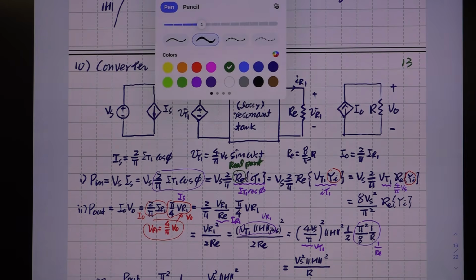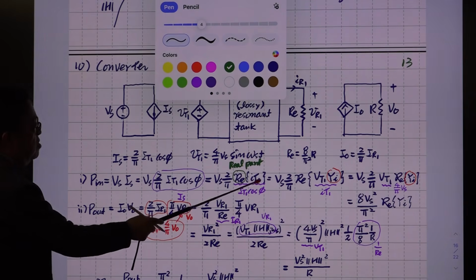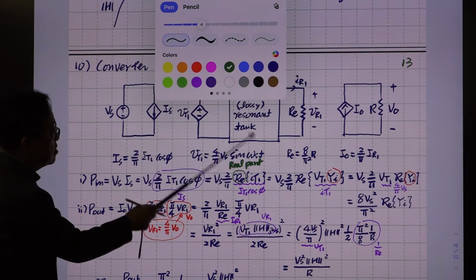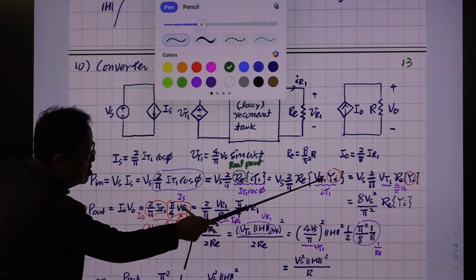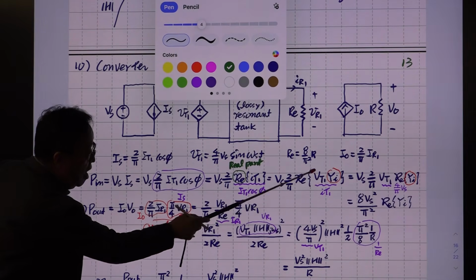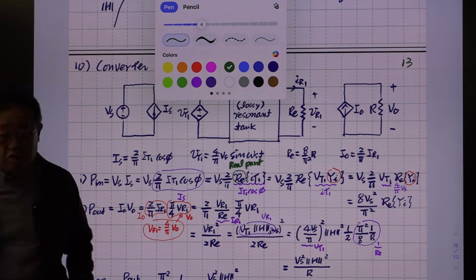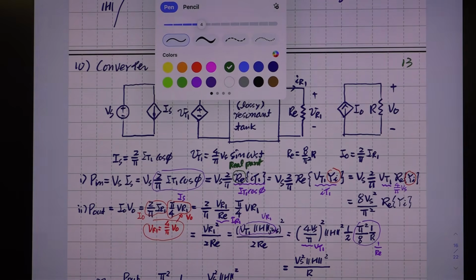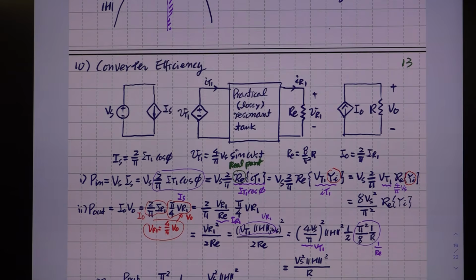Real part of IT1. IT1 is the first harmonic component of the tank current. That is related with VT1, the first component of the tank voltage, times this admittance, the input admittance. Okay, so everything is so simple like this.